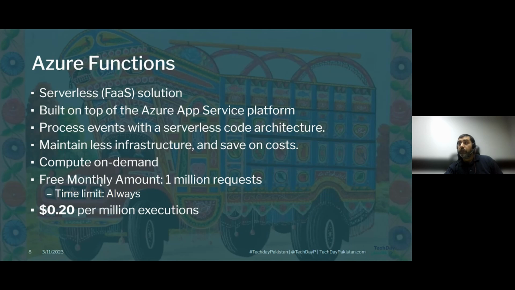Interestingly, per month you have 1 million requests free. If you want to use it from today, you can, and 1 million requests are free. Even after that, only $0.20 per million executions are charged, which is quite low.